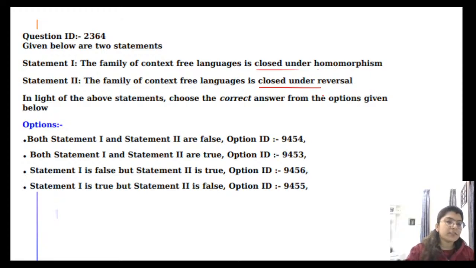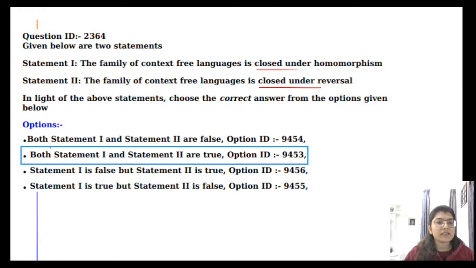So the correct answer to this question is option number B, that is both statement 1 and statement 2 are true. So this, we have already discussed.